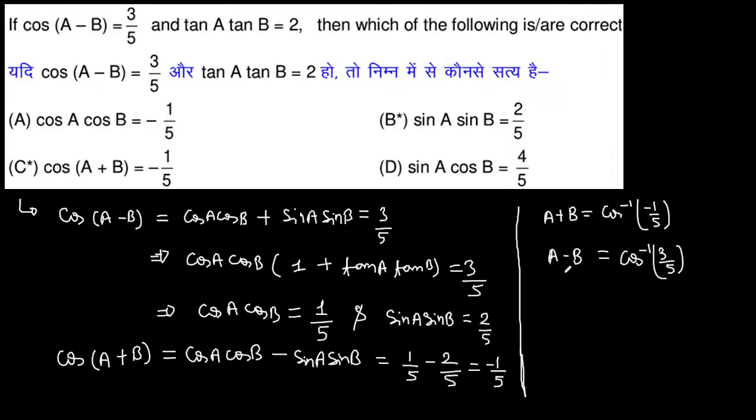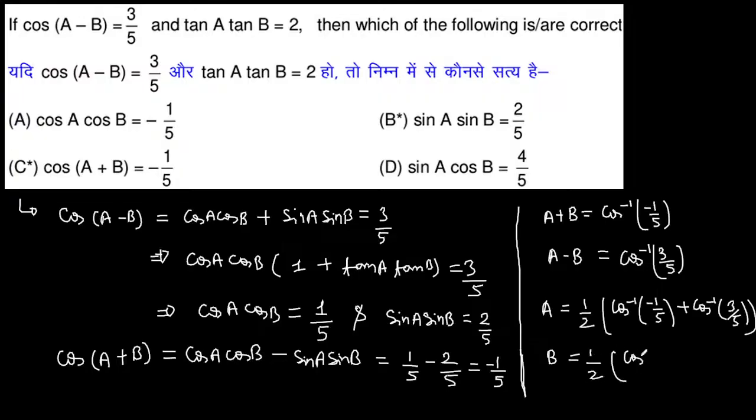If we add them, then A will come out to be 1 by 2 of cos inverse of minus 1 by 5 plus cos inverse of 3 by 5. And if we subtract, B will come out to be 1 by 2 of cos inverse of minus 1 by 5 minus cos inverse 3 by 5.